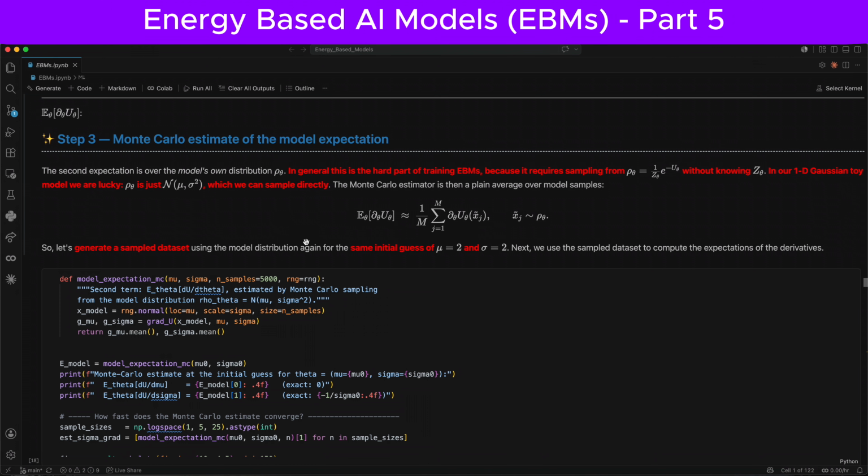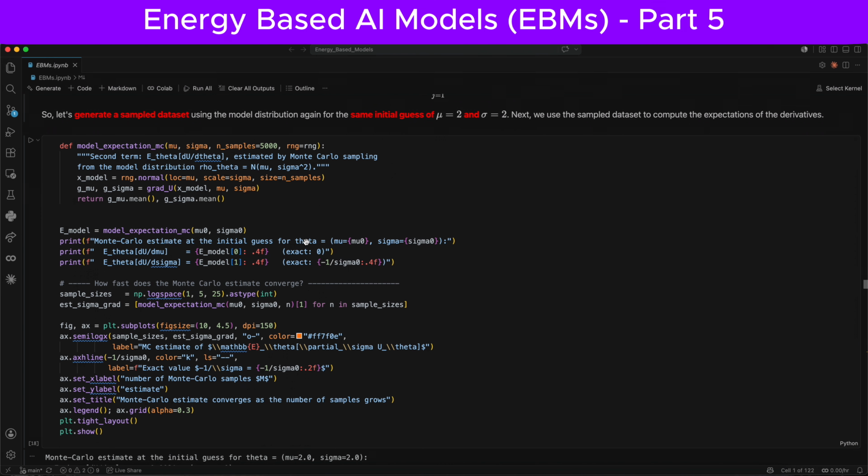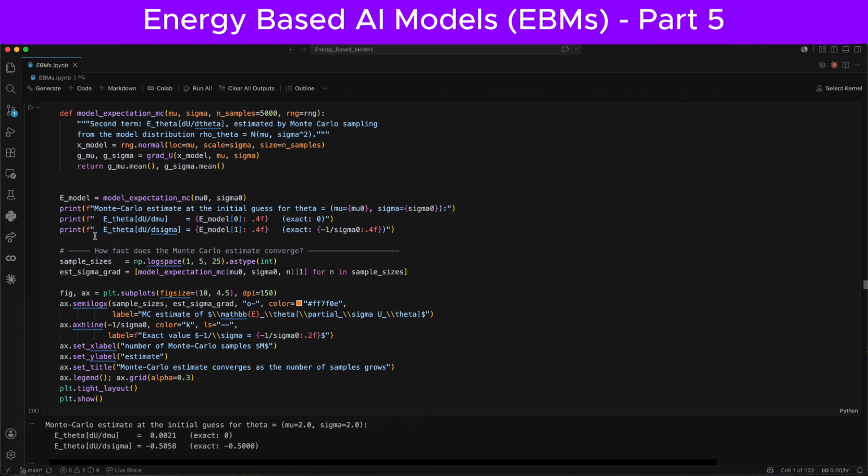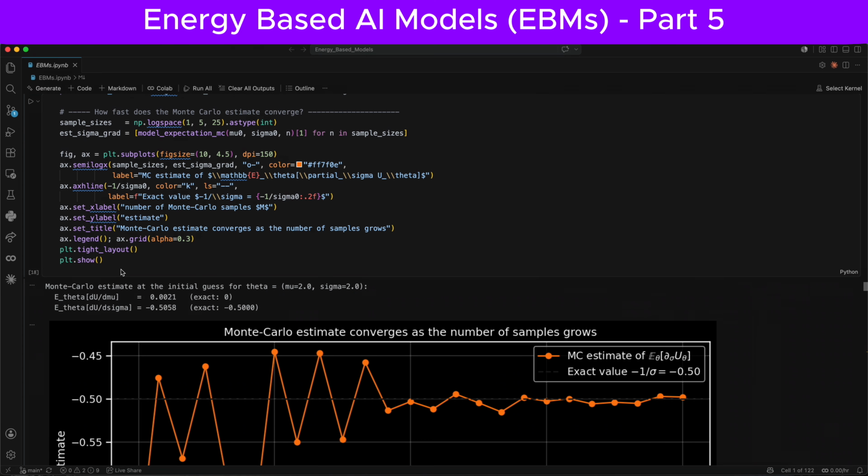So let's generate a sampled dataset using the model distribution, again for the same initial guess of mu equals 2 and sigma equals 2. Next, we use the sampled dataset to compute the expectations of the derivatives. In this code, I draw 5,000 samples from the model, compute the gradients on those samples, and average them. I also check how fast the Monte Carlo estimate converges by repeating it for increasing numbers of samples and plotting the result.